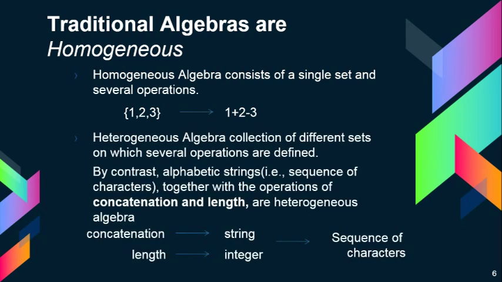By contrast, in heterogeneous algebra, for example, alphabetic strings, which are sequences of characters, come together with the operation of concatenation, which is the appending of a string to another string, just like combining two strings. And there is the length operation, whose range is the set of integers, not the set of strings. So we say that this algebra consists of two sets, the strings and the integers, in which the operations length and concatenation are defined.